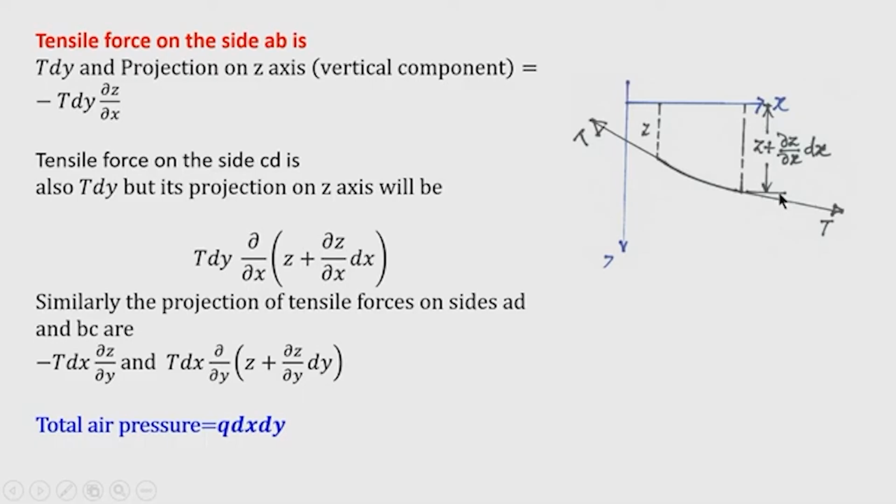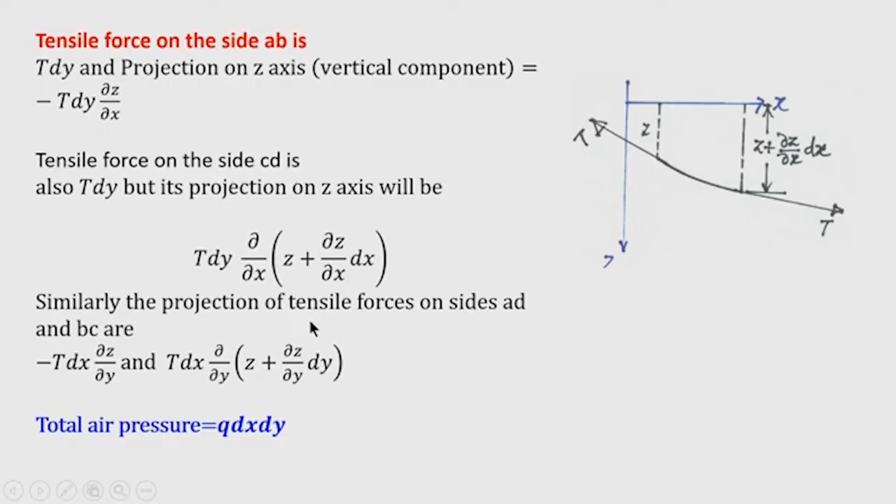So then we get T into dy, del by del x into z plus del z by del x into dx. So this is the projection of this T dy on the other end of this element, this is AB and this is on the side CD.